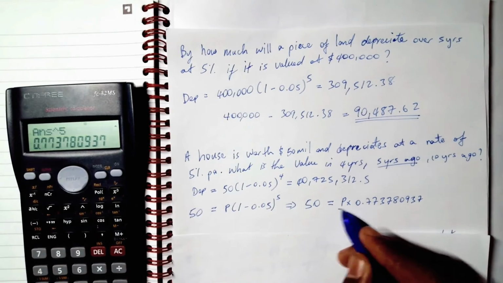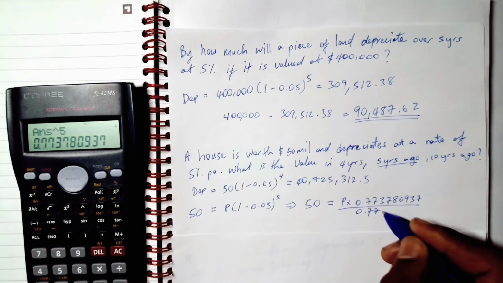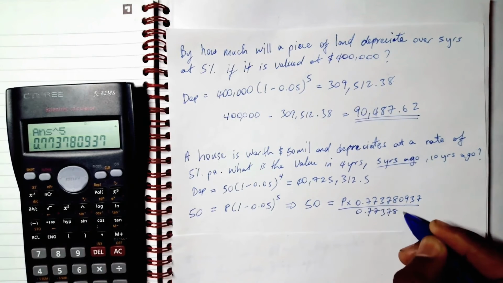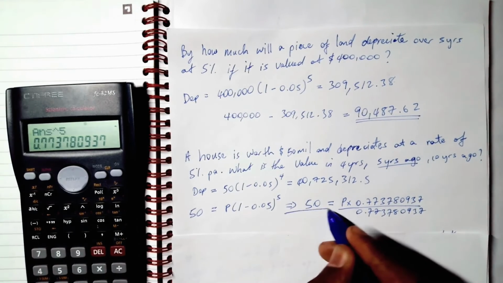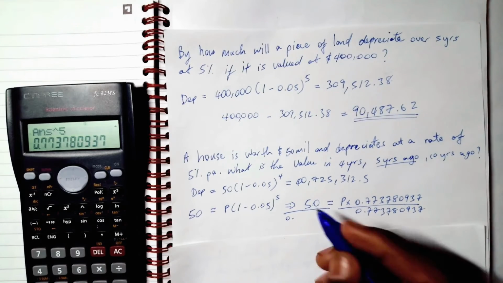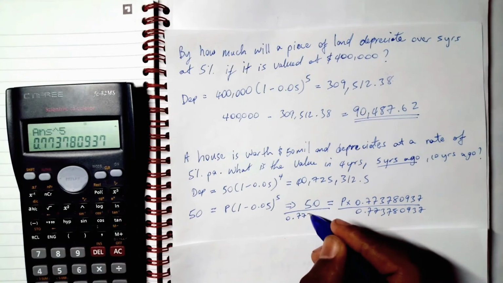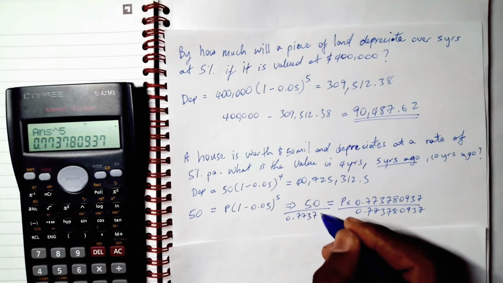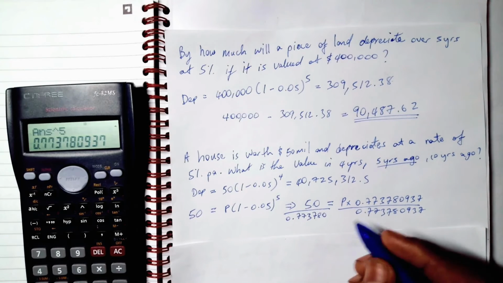Let's just leave it there. Divide both sides by it. And of course, we don't round in the middle of a question. It will kind of mess up our calculation at the end. But if you must round, it's okay, just round. But it's something I don't like to practice because I like my numbers accurate, especially when doing consumer arithmetic.